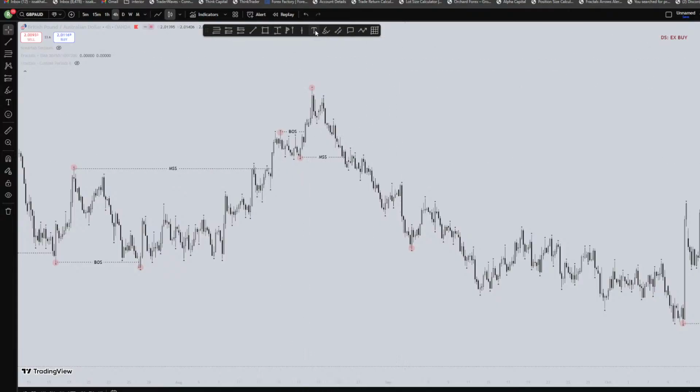Would have been, yeah. I'm just looking at it. This is now where this becomes subjective, because yeah, this is our market structure. It stopped, then pulled back.